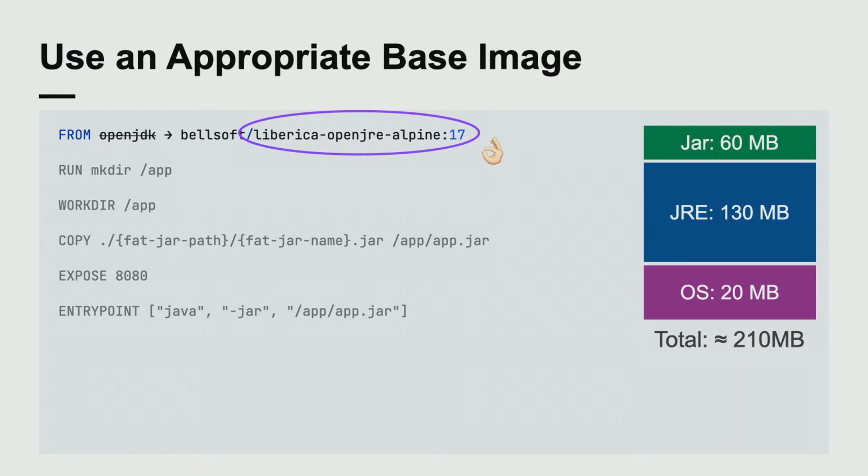After we apply the OpenJRE from the Liberica project, you can see the resulting image is around 210 megabytes. So we can know that the jar file still remains 60 megabytes, but the JRE part is reduced to 130 megabytes, which is smaller.